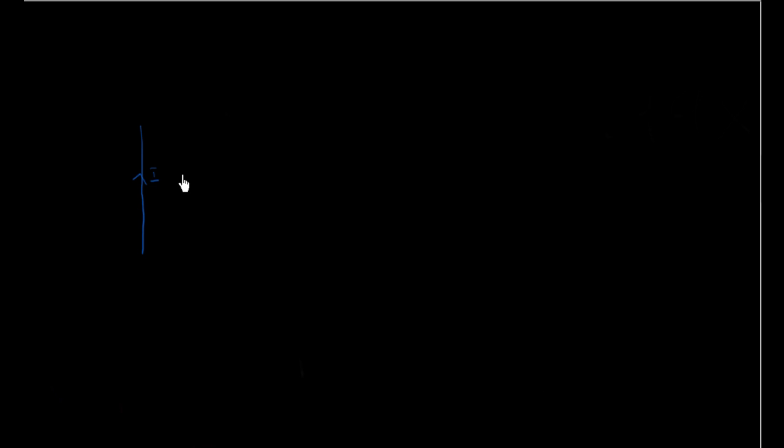Then let's do something clever with the wire. Let's bend it like that. This would continue the circuit down here. This would continue the circuit down there. And now look what happens.